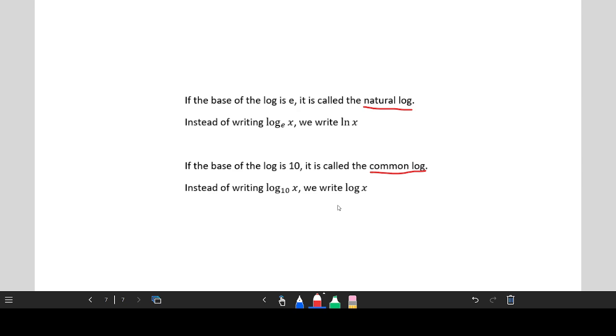There are some books out there that will use different notations. They'll use log to mean something else. So if you're ever in another class not using this book, just be sure to know what notation they're using for what. But for our book, ln is log base e and log by itself is the same as log base 10.